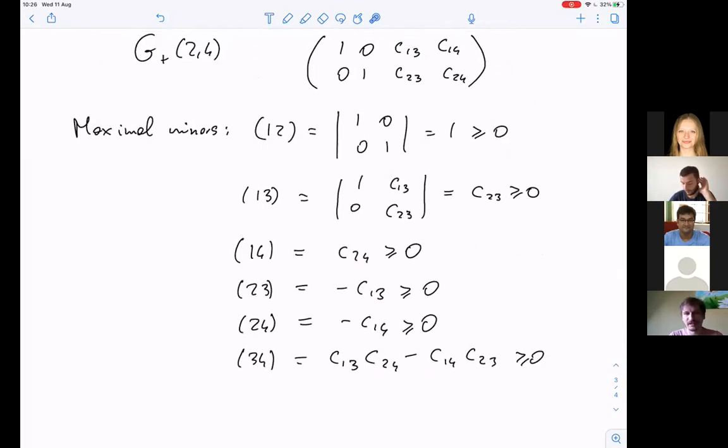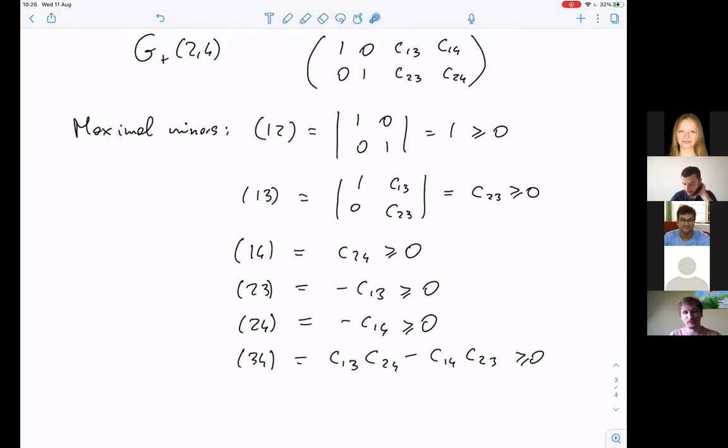So there's a question: what is the intuition of this definition? It's a good question. Mathematicians like to define positive parts of things, and I'm not sure if I can offer some easy explanation.